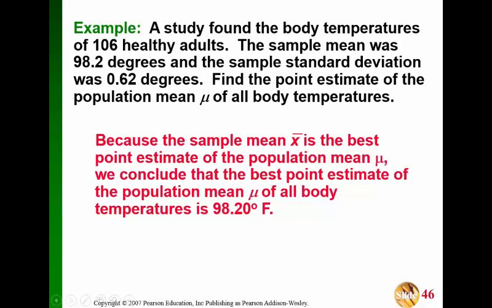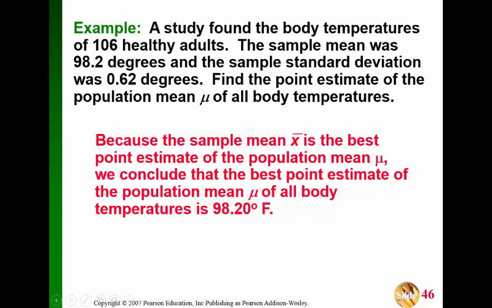So that's your best point estimate. Now, of course, when you're estimating a value, you're estimating it using an interval, and so we're going to eventually create a confidence interval. But for that one single value, that single value estimate would be 98.2.